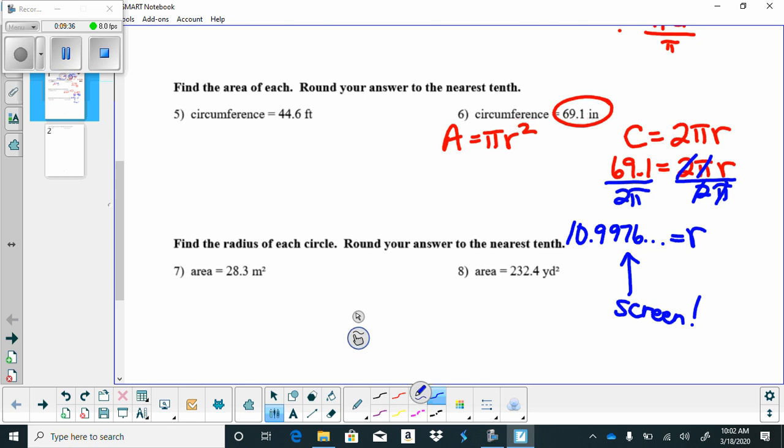Now, you're going to take that radius, which is about 11, but you're not going to round it right now. You only round at the end of the problem. So I'm going to take my radius that is on my screen, 10.9976..., and we're going to square it.